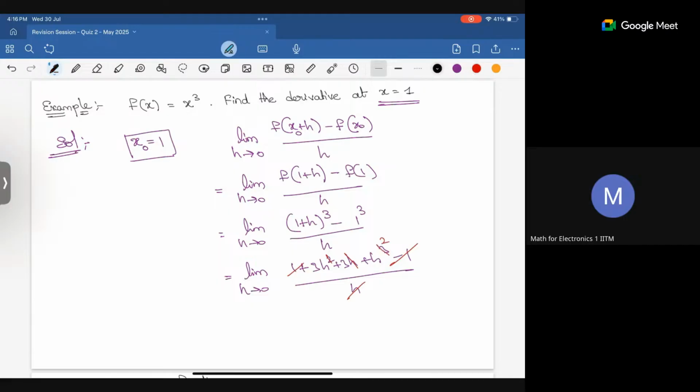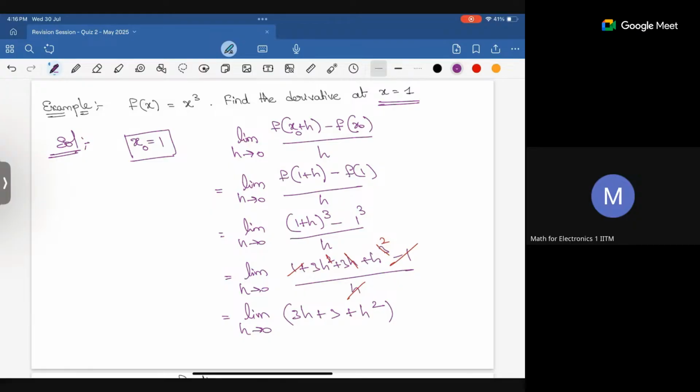Finally we'll have the limit as h tends to 0 of 3h plus 3 plus h square. This is just a quadratic expression, and we know quadratic expressions are very smooth. They don't have any discontinuities.